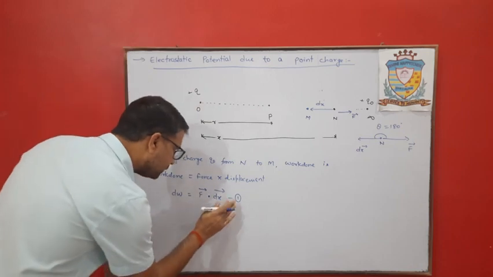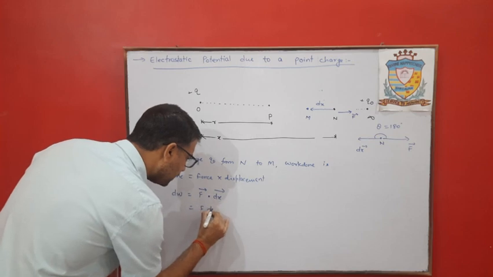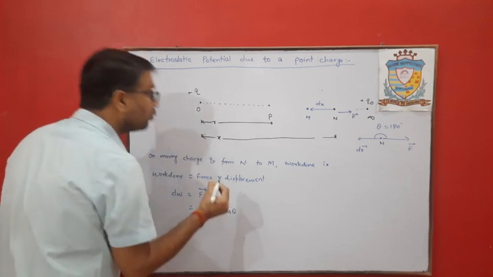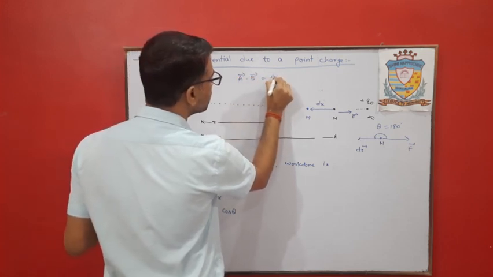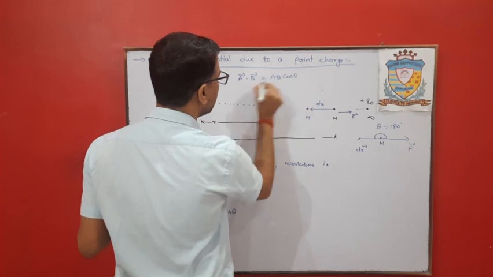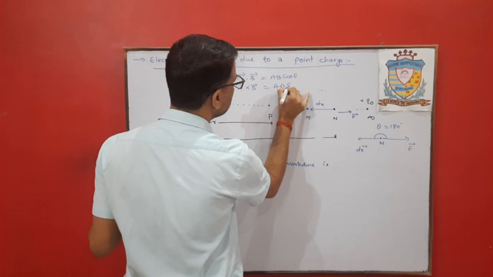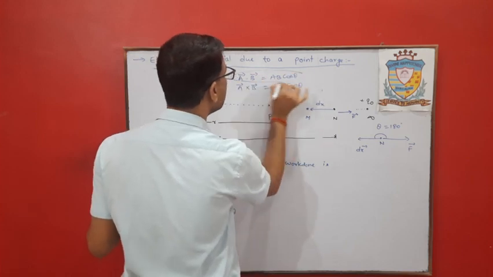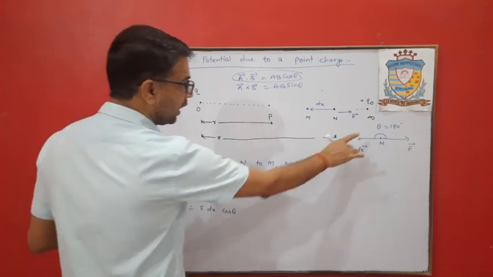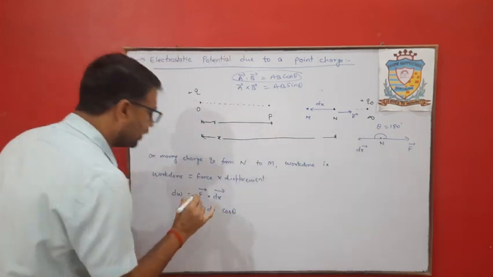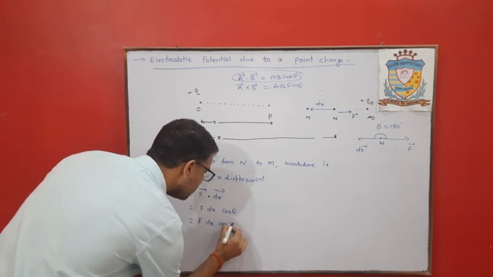Now if we solve it, we have F dx cos theta. We know that vector A dot vector B is AB cos theta, and vector A cross vector B is AB sin theta. This is the dot product, so F dx cos theta, where theta is 180 degrees. So F dx cos 180 degrees.